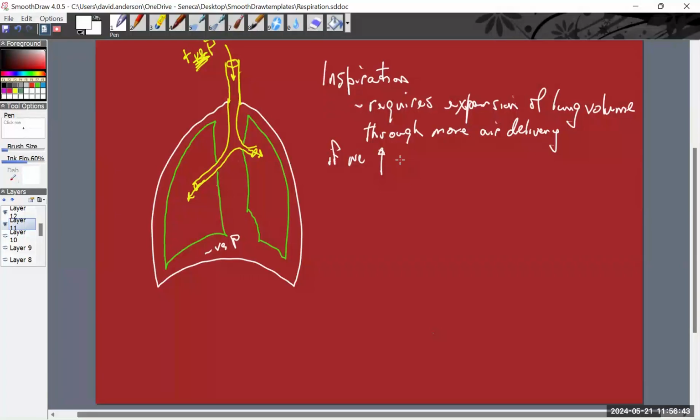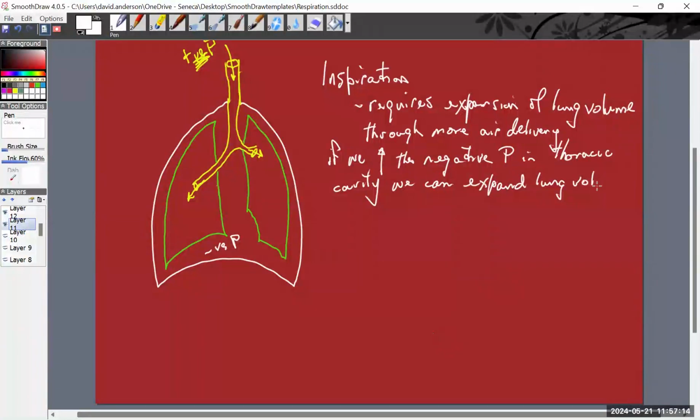If we increase the negative pressure in the thorax, we can expand the lung volume.